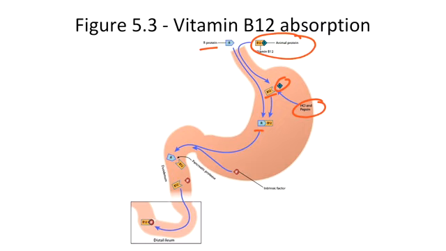Once the R protein B12 complex reaches the duodenum, pancreatic proteases separate the complex. Intrinsic factor, which is produced from the parietal cells, travels down into the duodenum, which can then bind the free vitamin B12. The intrinsic factor B12 complex then travels to the terminal ileum, or the distal ileum, where vitamin B12 is absorbed.